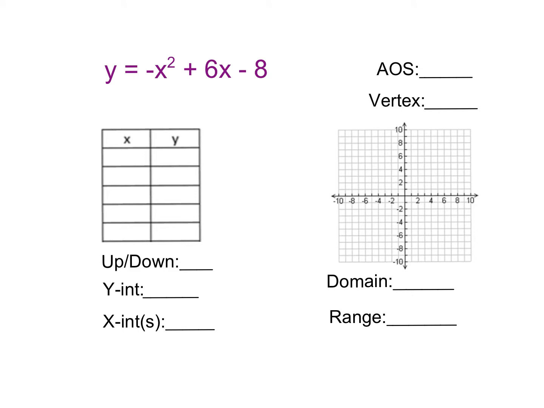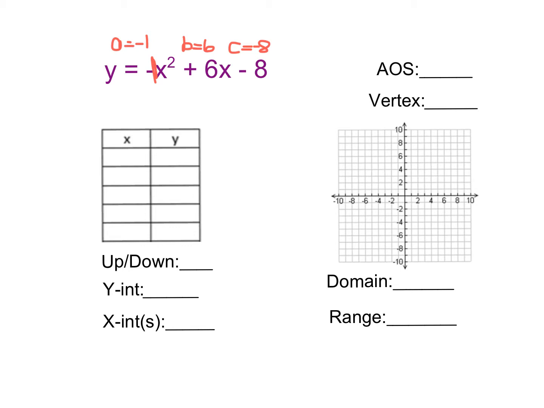So here we notice we have a quadratic function written in standard form. And what I notice right off the bat is that I have an a value equal to -1, a b value equal to 6, and a c value equal to -8. So to start off this whole process, I'm going to calculate my axis of symmetry and my vertex point.